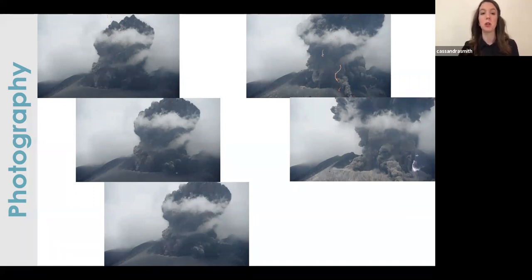However, when you start looking really close at individual frames, there's actually lightning in all 5 of these frames, but some of it is really faint. Some of it, like this upper right-hand side here, you can see this is all one flash, but we lose the middle because of the opaqueness of the eruption cloud. And so this is one of the problems with photography, is that you do miss information. You're not going to get a full, complete picture of the lightning occurring in the plume.